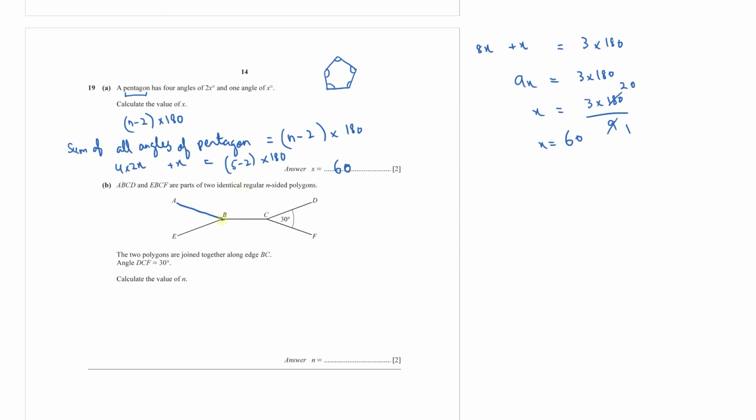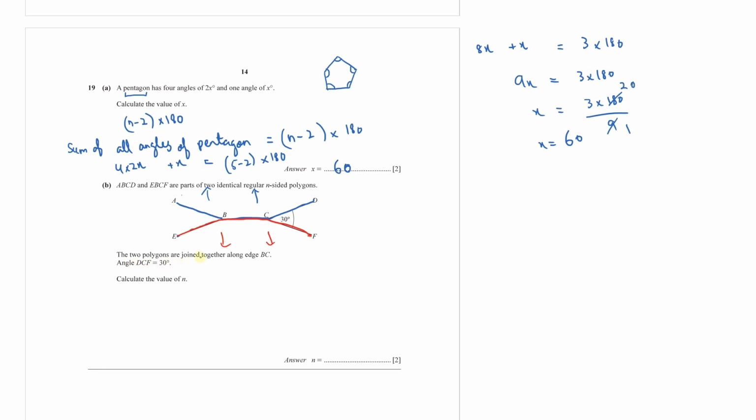So A, B, this line here C, and then this line here D. So this is some part of an n-sided polygon. So the rest of the polygon is up there, which is missing. And then the other polygon is this one in red, E, B, C, F, and the rest of the polygon is down there.